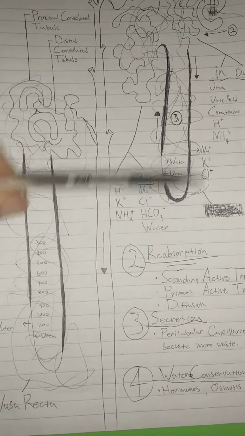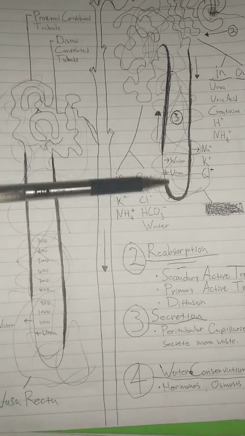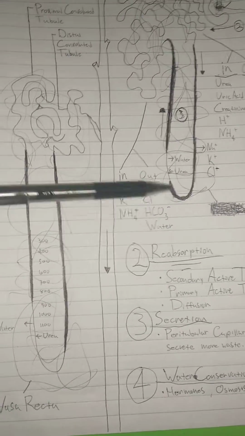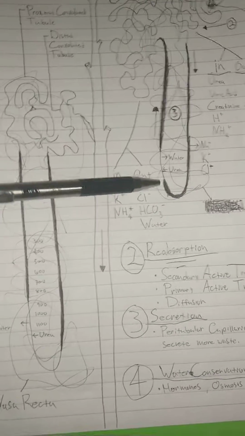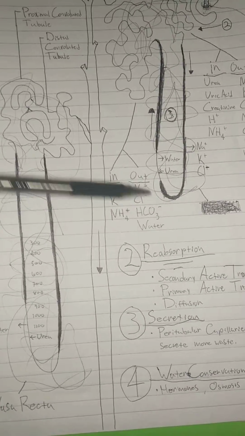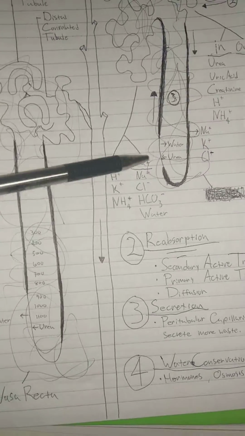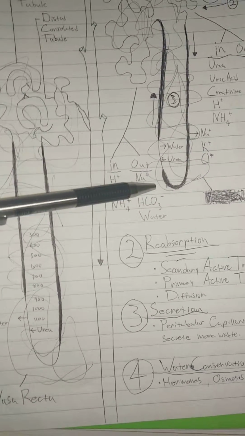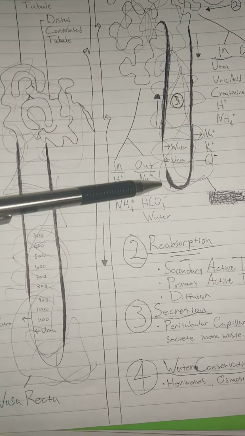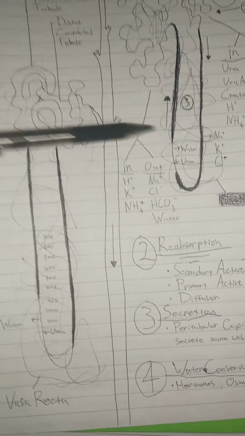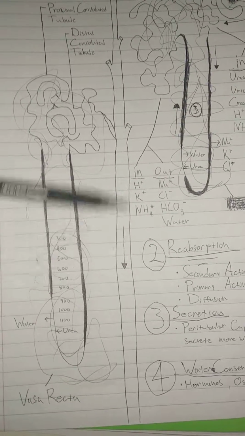The nephron loop is not permeable to water unless aquaporins attach themselves to the outside of it. So ADH kind of keeps water in our system. If we didn't have ADH telling these aquaporins to go to the outside of the nephron loop, then water would stay in there and we'd pee it all out.